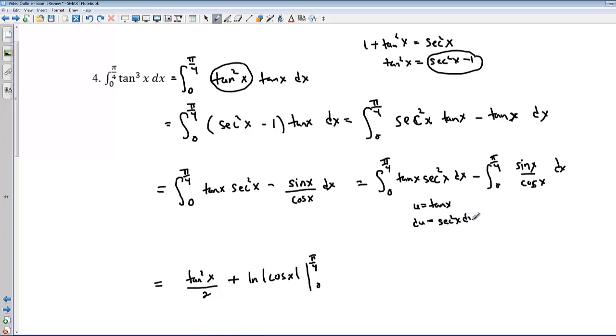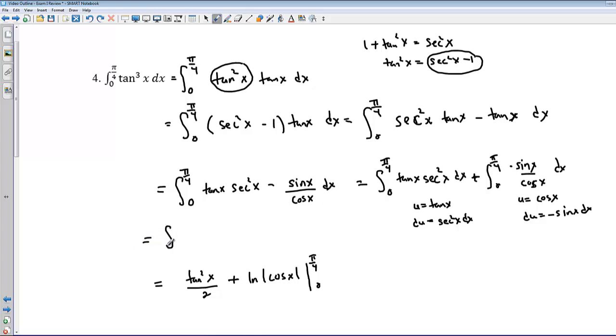And so you can see that I have sort of a direct substitution here. Whereas over here, I'd let u be equal to cosine of x, and then du equal to this derivative, so the derivative of cosine is negative sine of x dx. And in fact, this is also direct, because I can put a plus here and move the minus inside here. And so if I do that, what am I going to get?